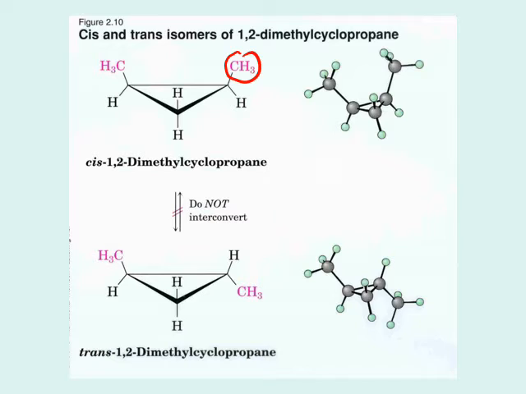This is a methyl group. This is the other methyl group. These are 2 substitution groups. They're on the same side, so obviously it is cis. If I had this methyl group at the bottom, like you see here, they're on opposite sides of this molecule, and that's why it's trans. You cannot convert from one to the other without breaking a bond. So if you have a model, try to make it, and you'll see that you can't interconvert.